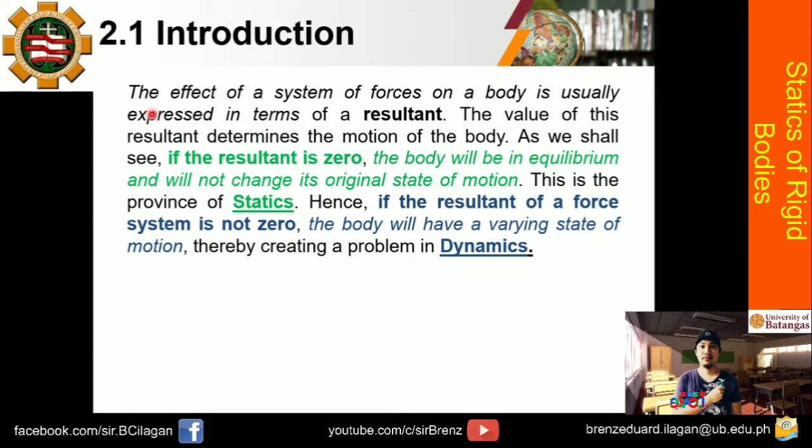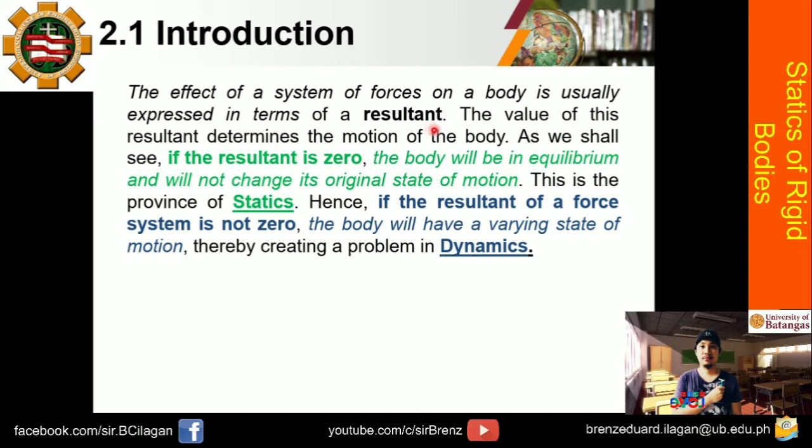Okay, so the effect of a system of force on a body is usually expressed in terms of a resultant. Okay guys, this first sentence is the most important definition of what this topic is about. So let's read it again. The effects of a system of forces on a body is usually expressed in terms of a resultant.